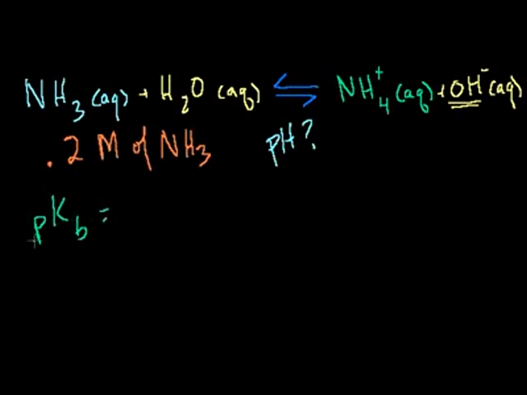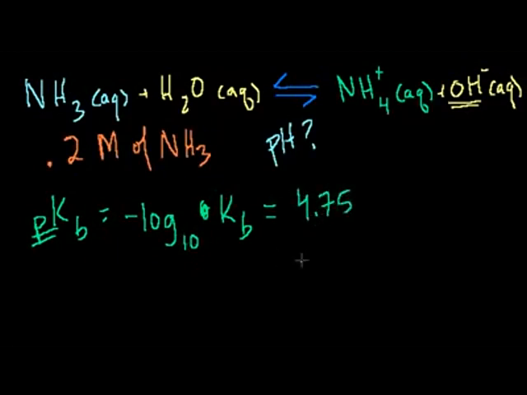The P there just means it's the minus log base 10 of the equilibrium constant, and they give that as being 4.75. So we can do a little bit of math here to solve for the equilibrium constant.